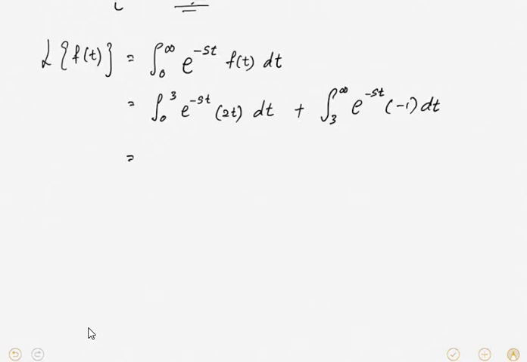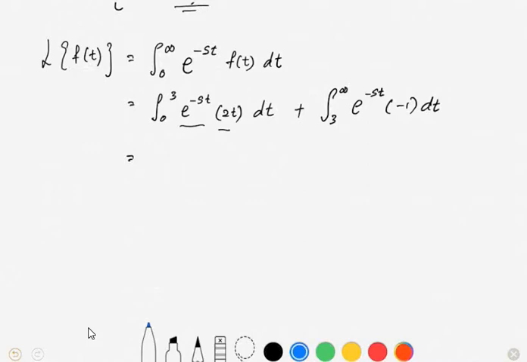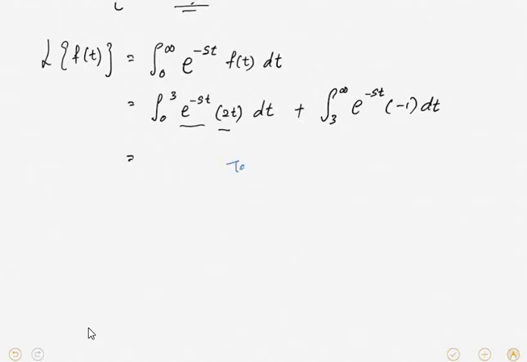So we can solve it. Do the integration. So you have e^(-st) and 2t. So we can use the tabular method, differentiation and integration.